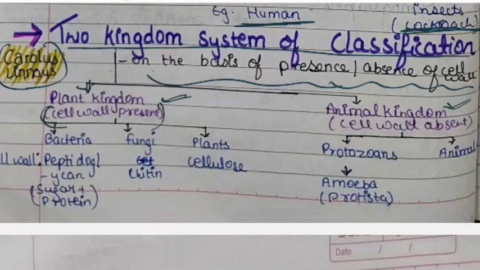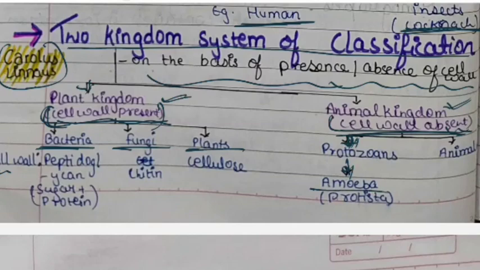The plant kingdom was further classified as bacteria, fungi and plantae, whose cell wall is made up of peptidoglycan, chitin and cellulose respectively. The animal kingdom was further classified as protozoans such as amoeba, and the second one is animals.